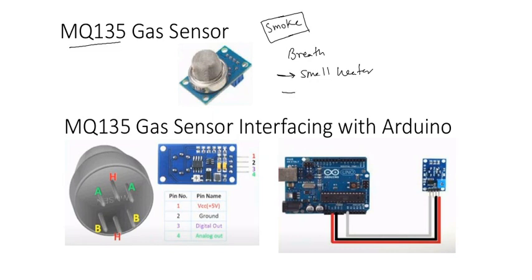Then along with the heater there is an electrochemical sensor. This electrochemical sensor is sensitive to a range of gases. That's why we are able to detect smoke or alcohol or any other similar kind of gases, right? And it works at room temperature, right? So what is happening?